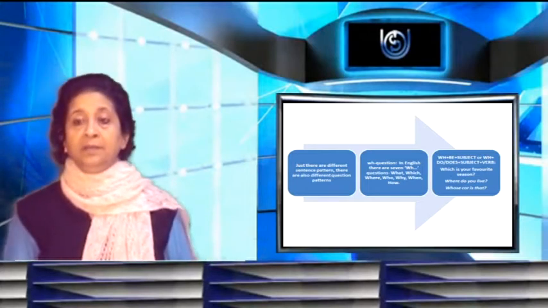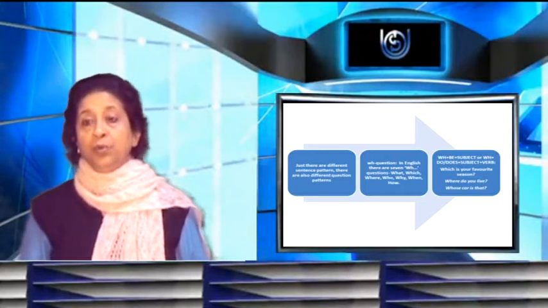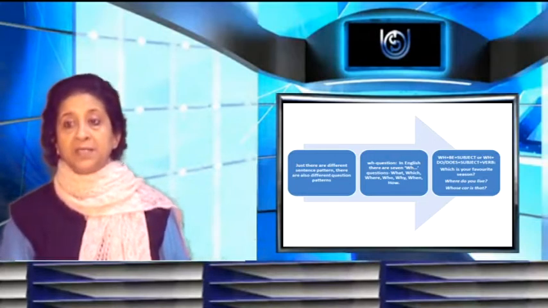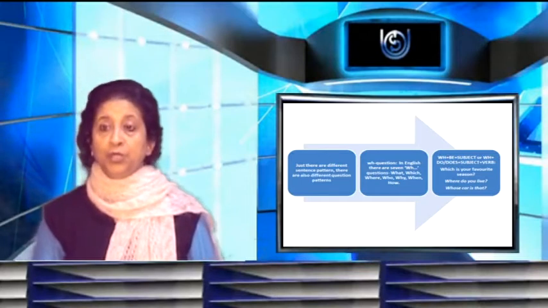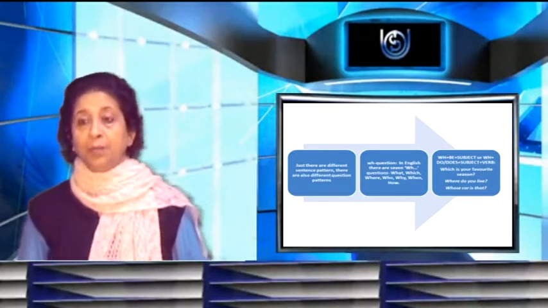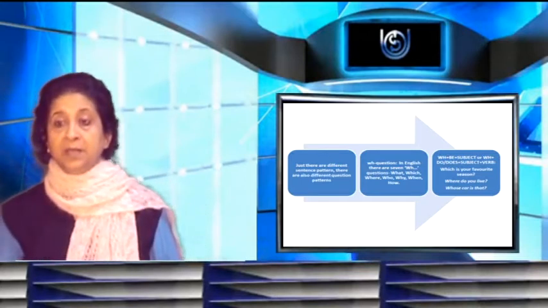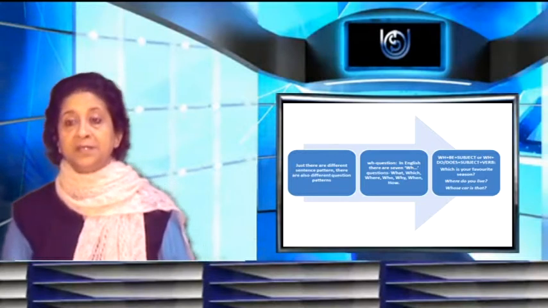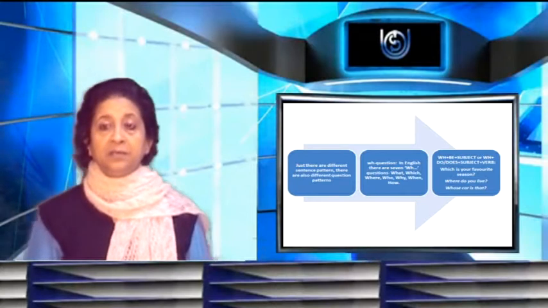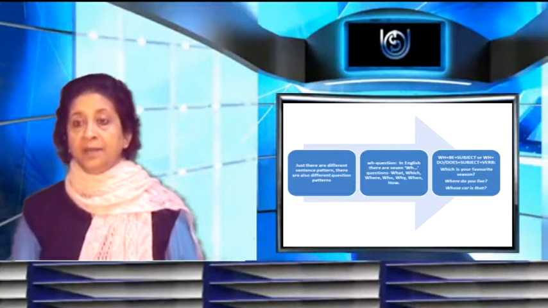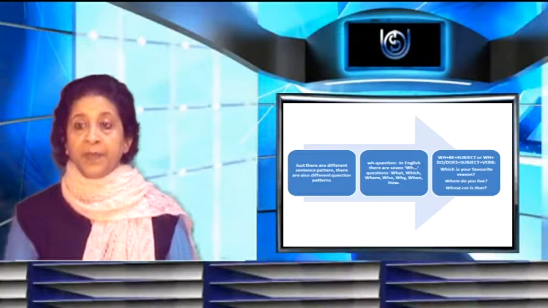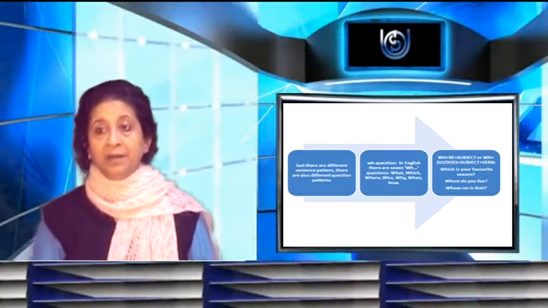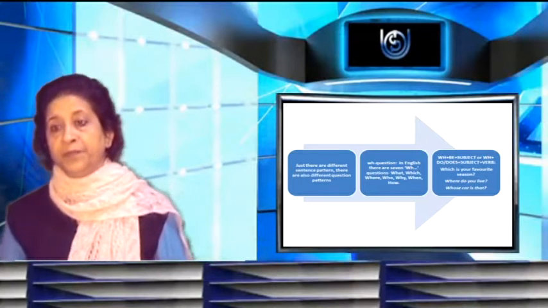Now another pattern is where WH is there, then be, then subject, or WH, do, does, plus subject, plus verb. For example, how is it? Which is your favorite season? Now here the WH word is which, then here is the helping verb, then the subject, and then the verb.